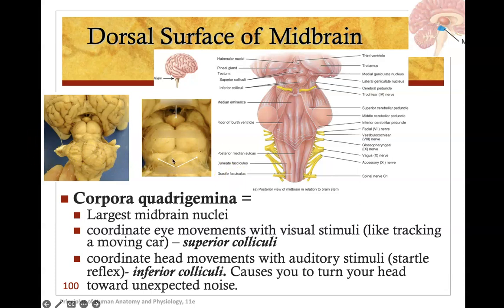Or if you're tracking the sound of a movement like the zoom of a car, your ability to move your head as you hear the sound of the car go across would be through the inferior colliculi. So your ability to do visual tracking is the superior colliculi. Your ability to do auditory tracking is your inferior colliculi.